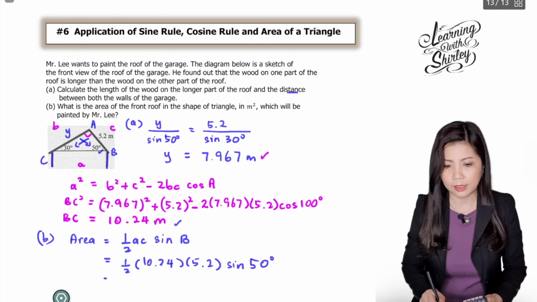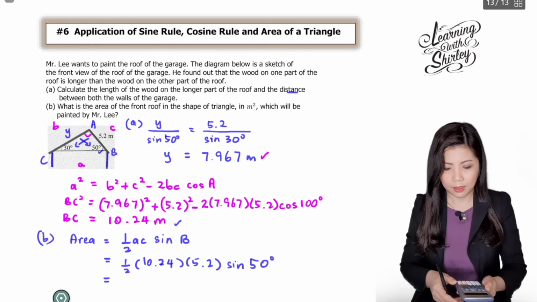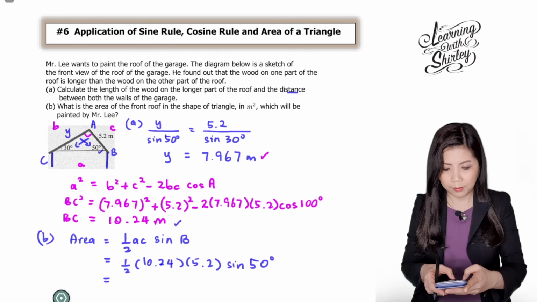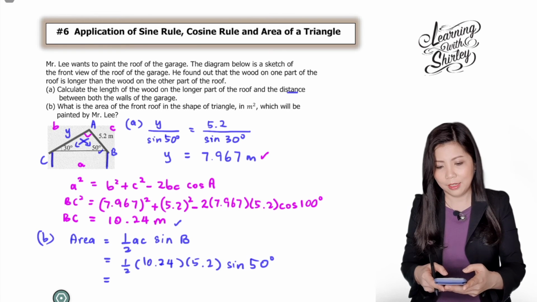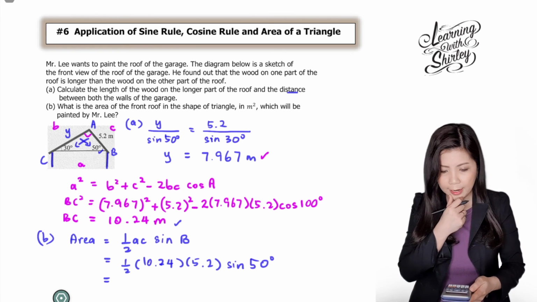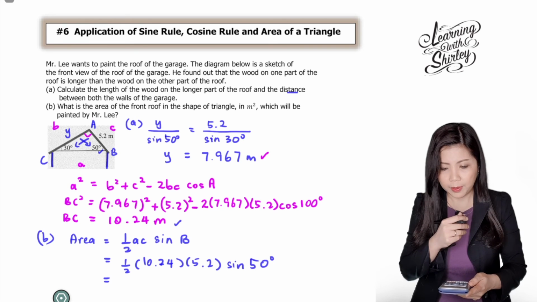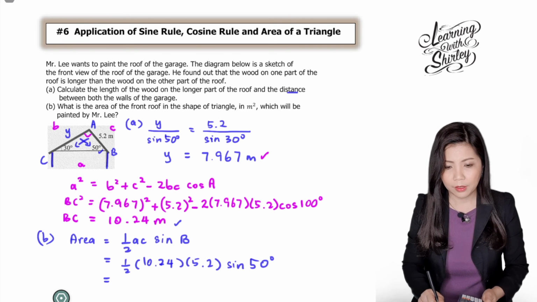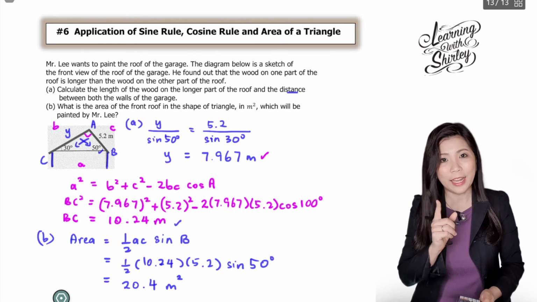Let's calculate this. Half times 10.24 times 5.2, after that you times sine 50. So you get 20.395, I'm going to round up, so it becomes 20.4, and the unit is meter square. So that's the answer.